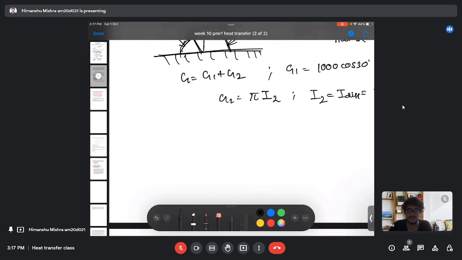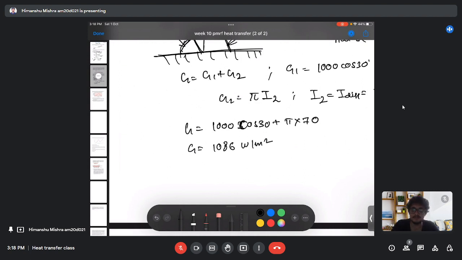So then my total irradiation, the total amount of radiation energy that I am receiving, I just need to solve this, and I will get G equals 1086 watt per meter square. So this will be my total irradiation.